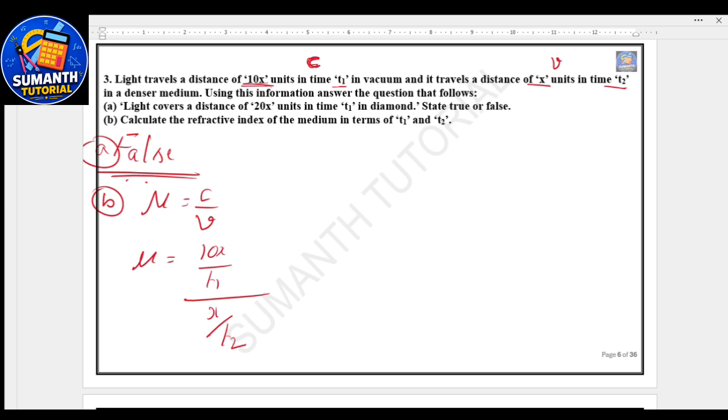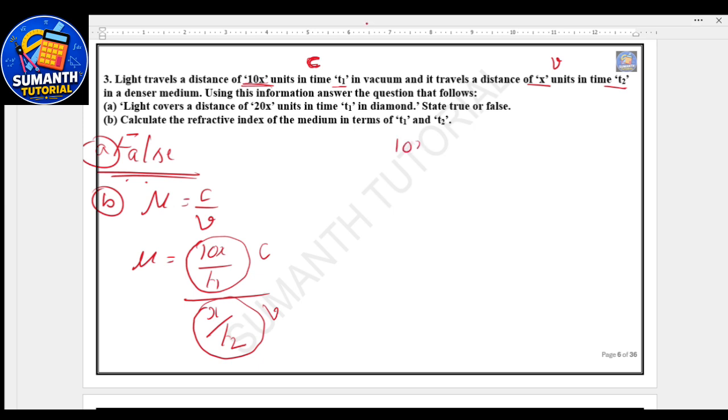See here, don't get confused. You can see this part. This part is C, and this part, can you see, this is V. So mu is equal to C by V. How to solve it? You know it very clearly.